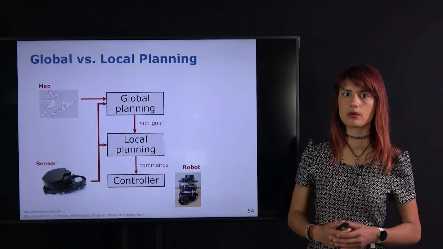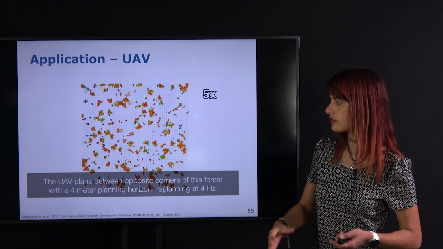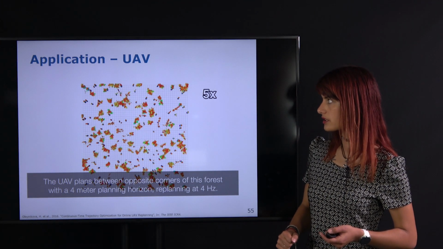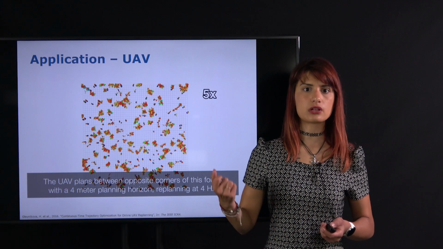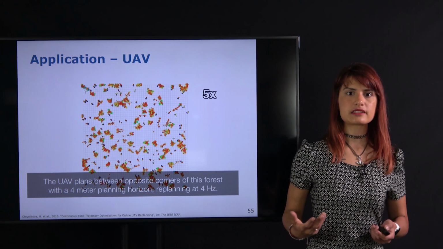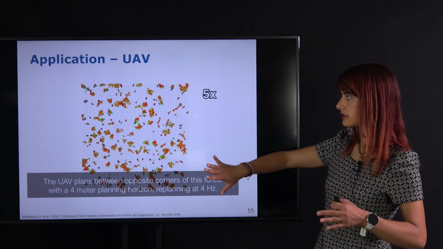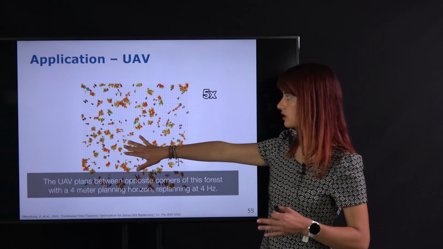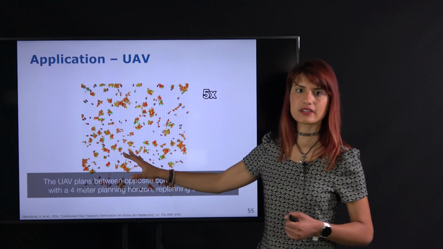To close the part about planning, let's have a look at a very simple example from colleagues' work that shows how a local planner runs on a UAV in a very dense and initially unknown environment. Here we have a top-down view where the colored structures are obstacles in the environment.